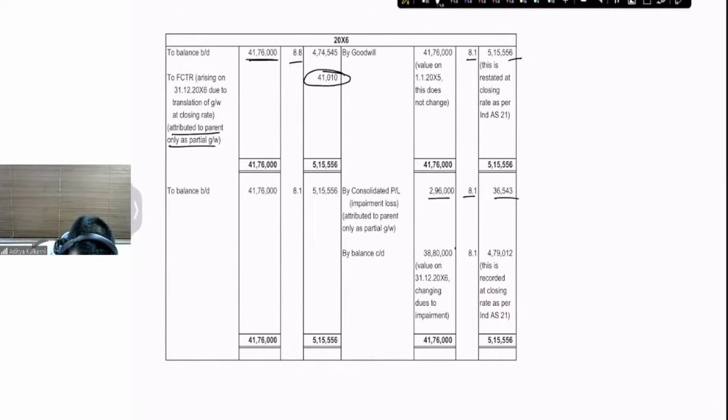So now the goodwill balance is 38,80,000. This is changing due to impairment. Is it permitted to change due to impairment? Yes. So this is the goodwill that will appear in the balance sheet as at 31st December 20x6.